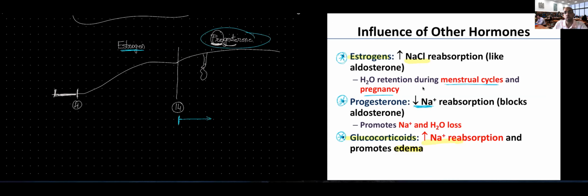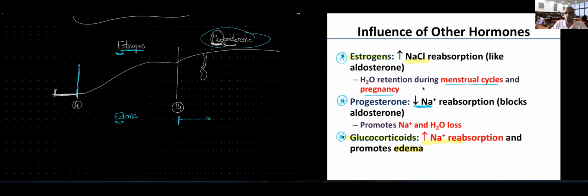It actually blocks the effect of aldosterone, promoting sodium and water release out in the urine. So some females will experience some degree of edema. Remember, edema starts with E. It's under the effect of estrogen.